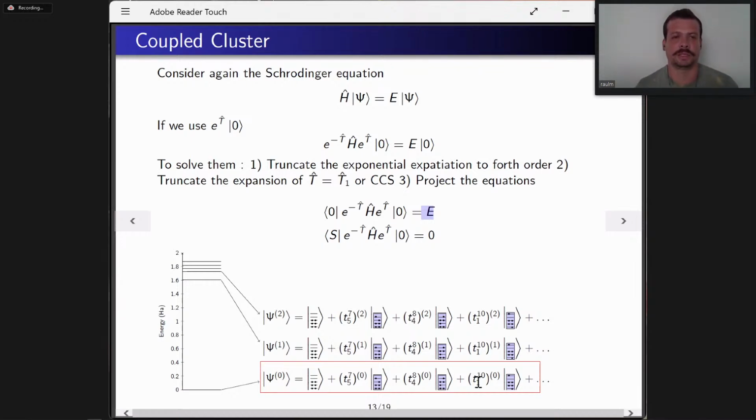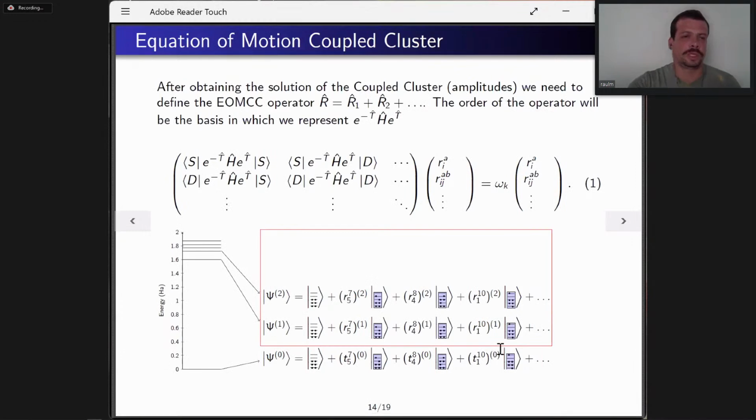But how do we obtain the excited state wave functions with coupled cluster? We do it with equation of motion coupled cluster. After obtaining the solution of coupled cluster, the amplitudes, so the wave functions, we need to define another operator, that is our operator R. We also need to truncate this operator. The order of this operator will be the basis in which we represent the similarity transformed Hamiltonian.